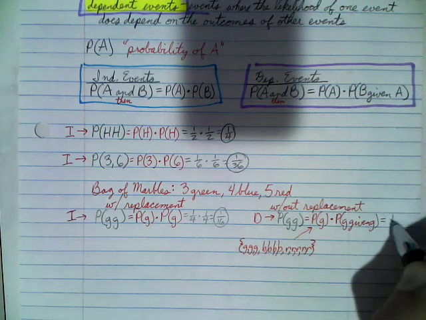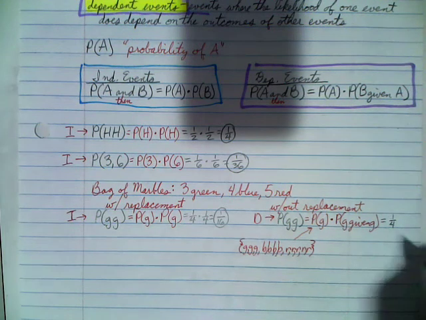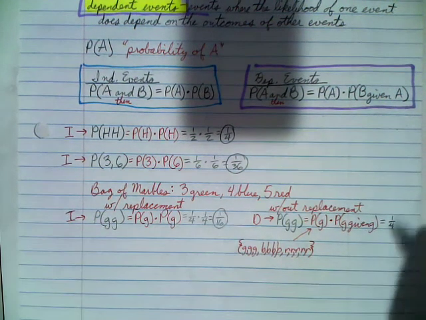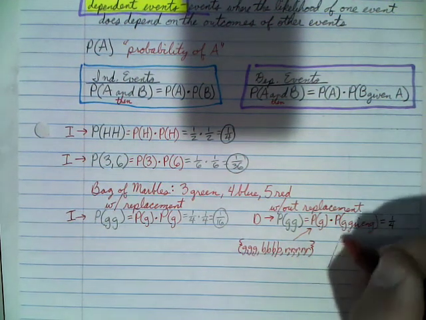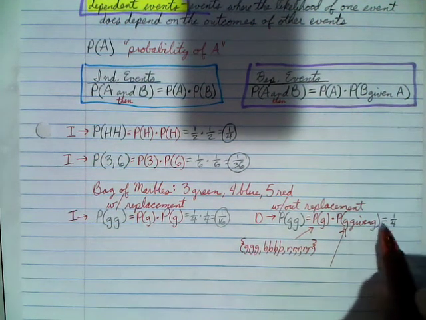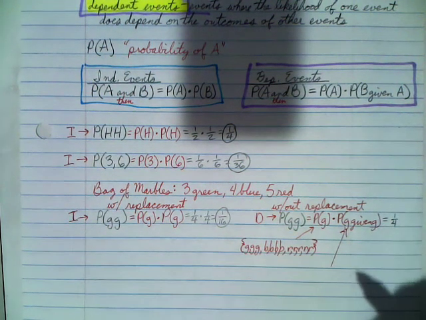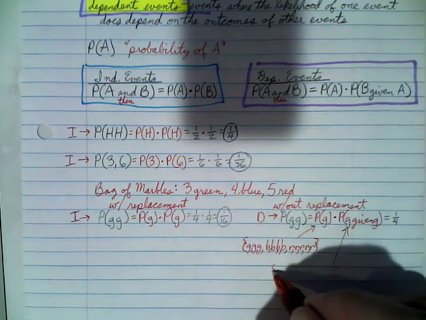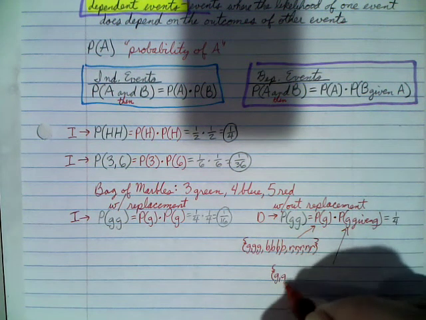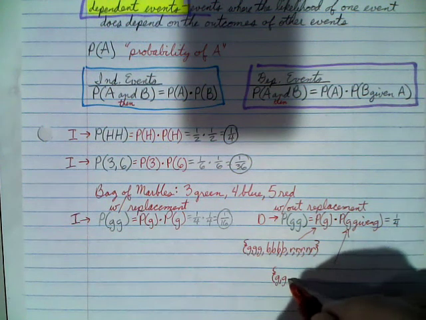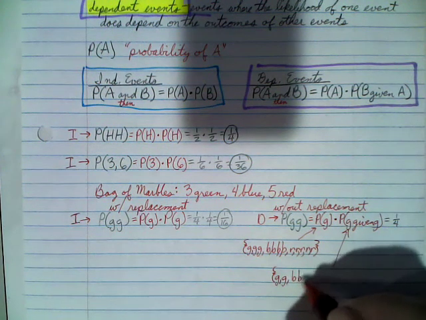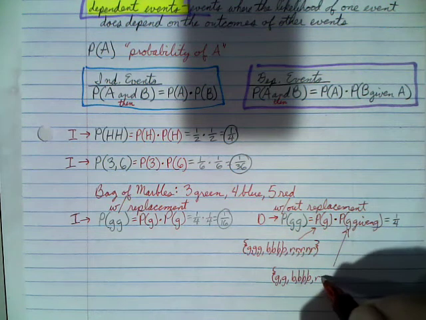So that's 1/4. For this one here, though, if we've already pulled a green, so given that a green has already been pulled, then that means that we'll only have 2 greens left in the bag, but there'll still be 4 blues and 5 reds.